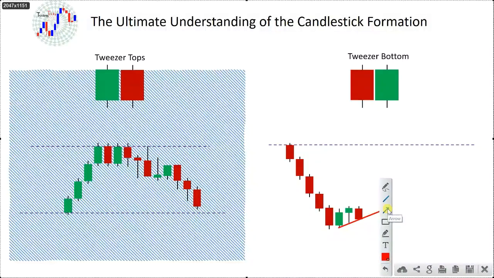After that, mostly we can expect buyers entry here because maybe the market is trying to reverse from here, as this candle was unable to touch the low of the previous candle too.